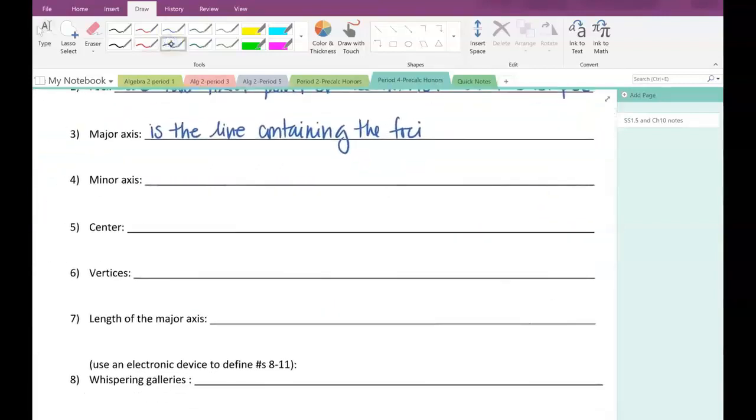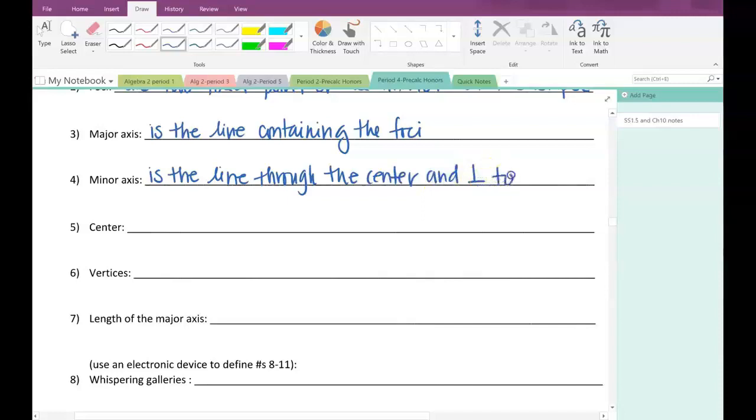The minor axis is the line through the center and it's perpendicular to the major axis. The center is the midpoint of the major axis.